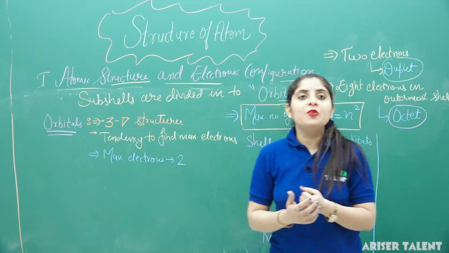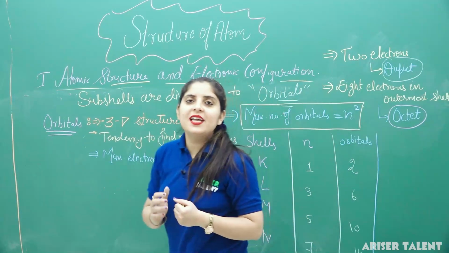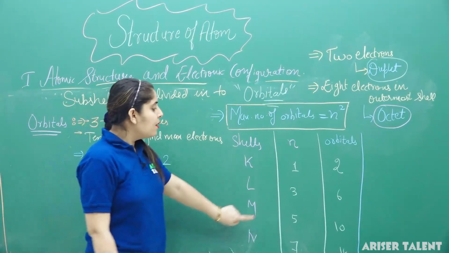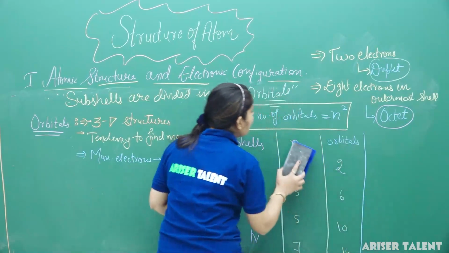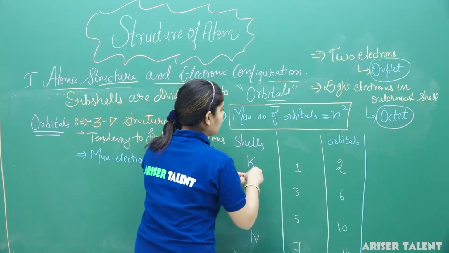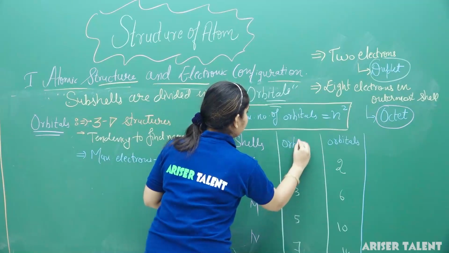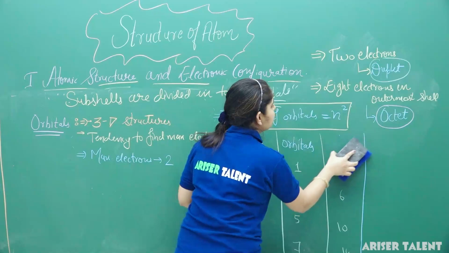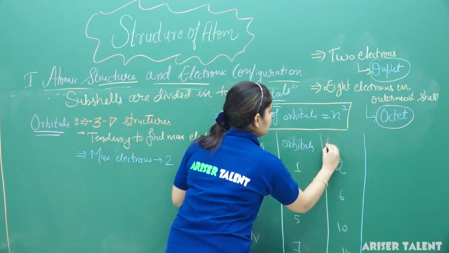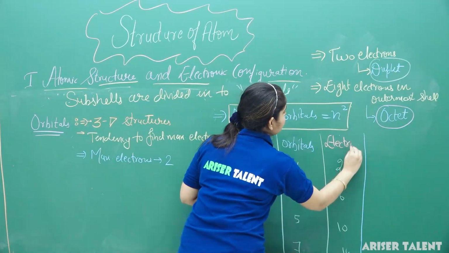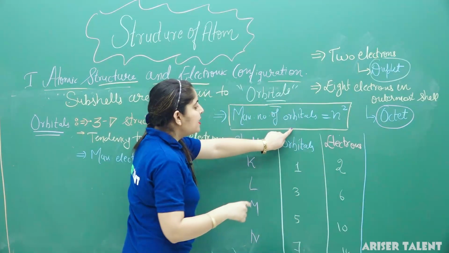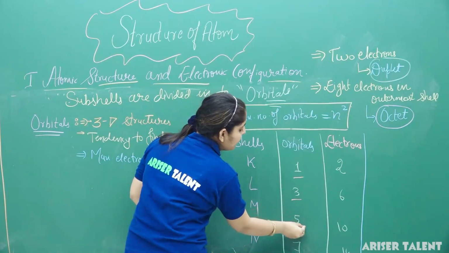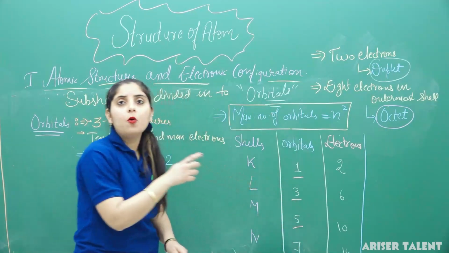So students, we have talked about shells, subshells and the orbitals. We have calculated the shells as K, L, M, N. Here n will represent the shell number. There is a little correction here. And it will count the maximum number of electrons. So the number of orbitals can be calculated by the formula n square. So we have 1, 3, 5, 7, that is the orbitals, which will be odd numbers.